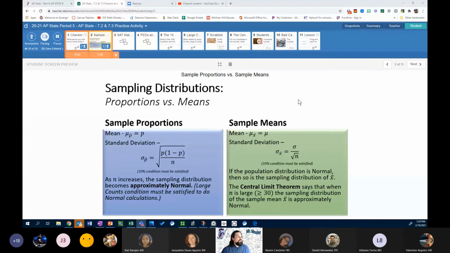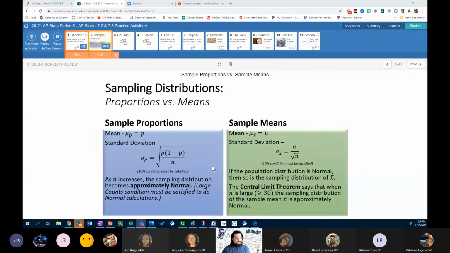All right. So remember, the mean of the sample proportions is equal to the proportion of interest from our population. The standard deviation of our sample proportions is equal to the square root of p times 1 minus p divided by the sample size n, as long as the 10% condition is satisfied.